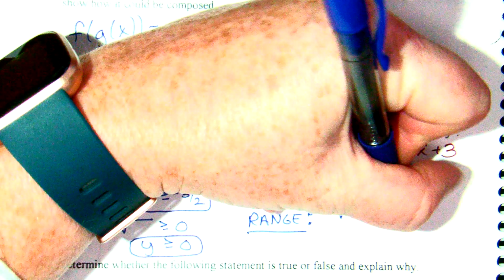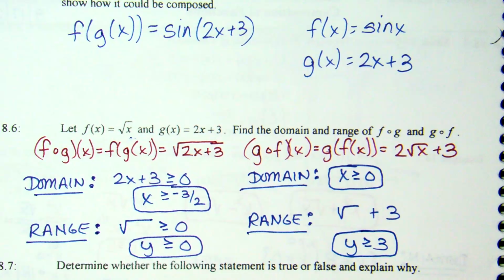Okay, last one. Determine whether the following statement is true or false and explain why. If f of x is x squared, g of x is square root of x, then the domains of Fogg and Goff are equal. Oh, excuse me.